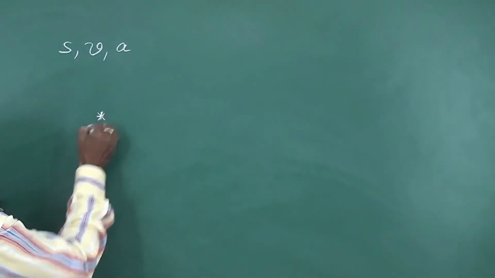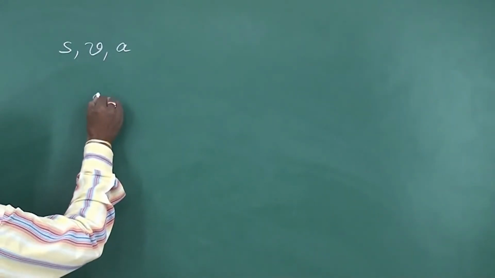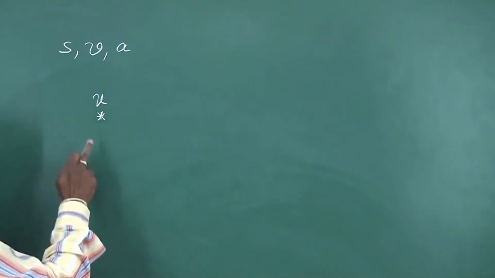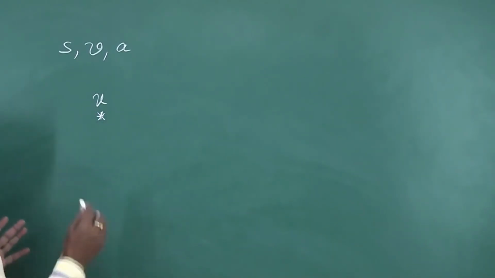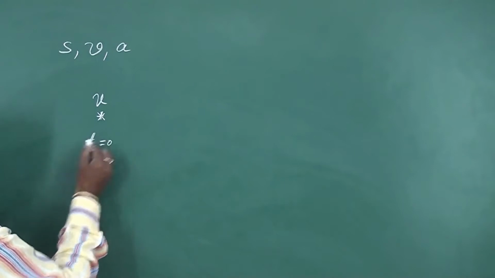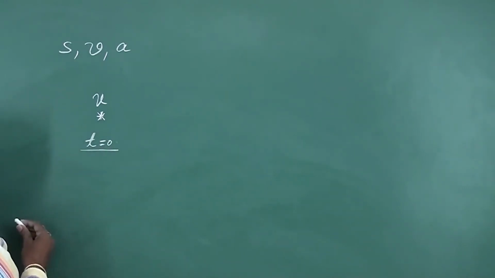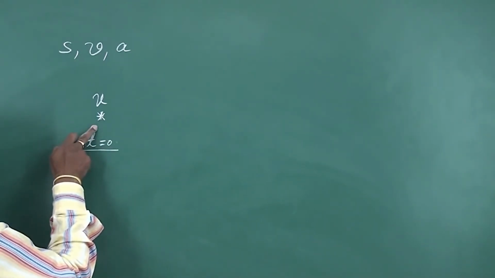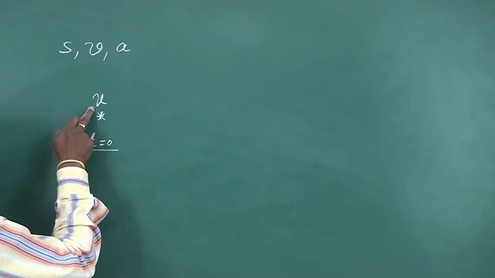Now consider a body. This is the body which starts with an initial velocity u. Initial velocity means when t equal to 0, that is, at the beginning, the velocity of the body is called initial velocity and it is represented by u.